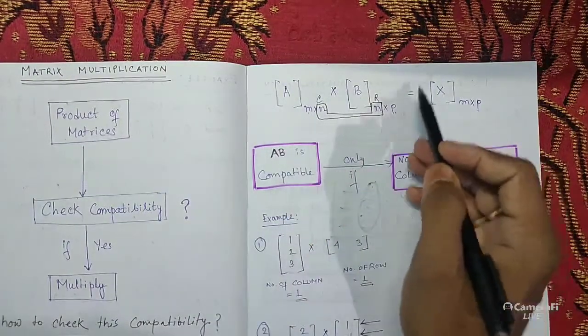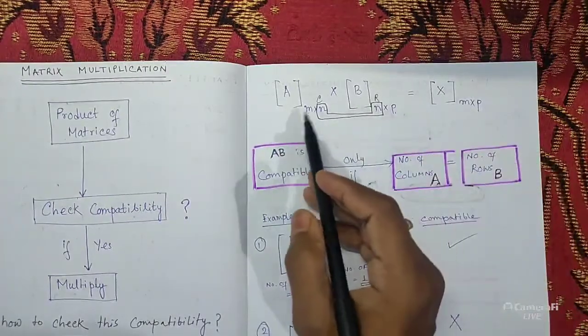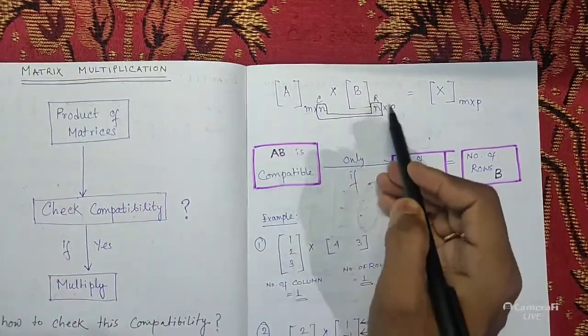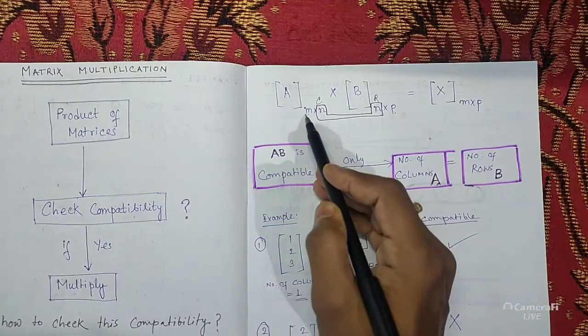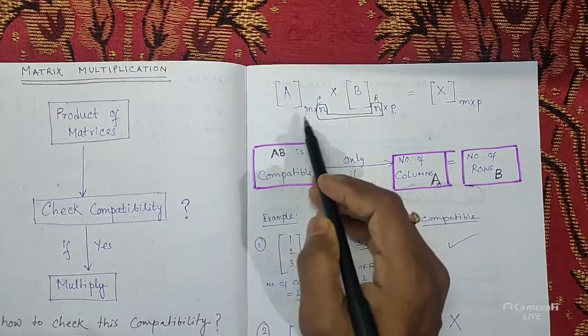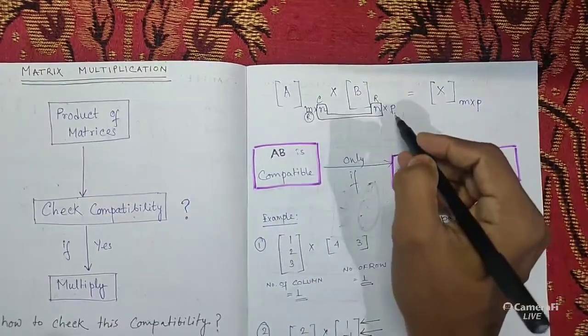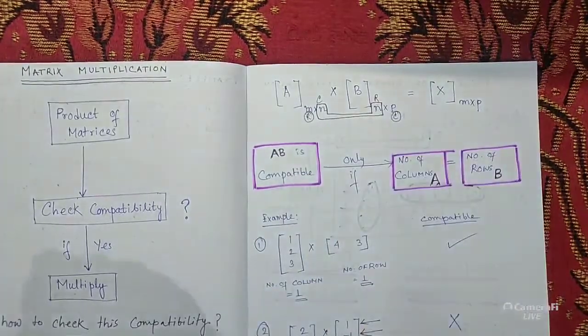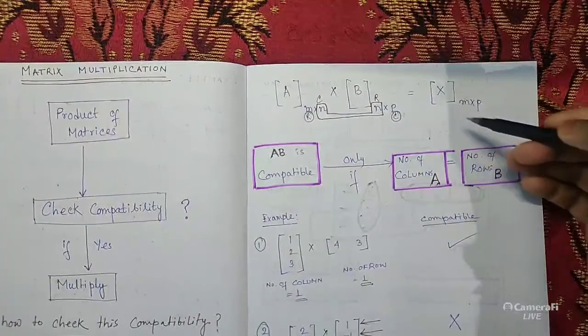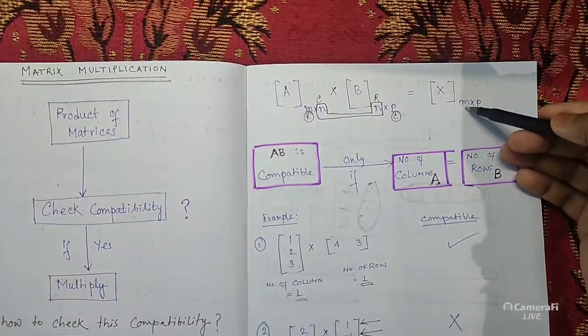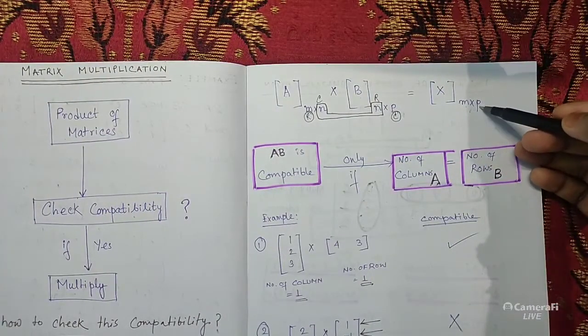And in the resultant matrix, the order will be this remaining portion, m and p. That means m is the number of rows of the first matrix and p is the number of columns of the second matrix. So in the resultant matrix, the order will be the number of rows of the first matrix by the number of columns of the second matrix.